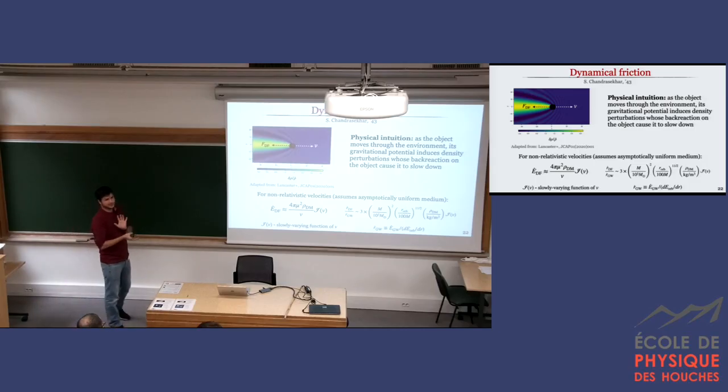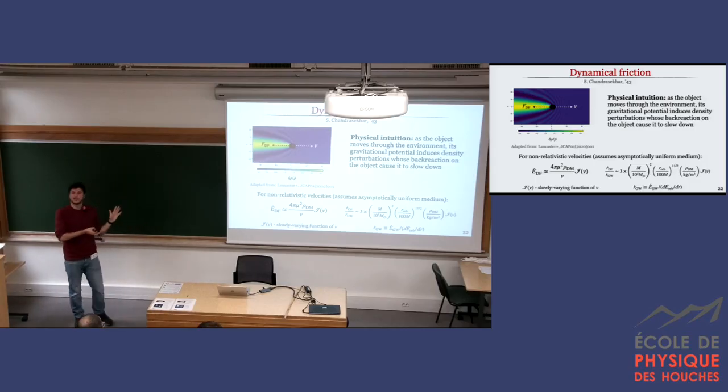The most important one is well known, and quite important in astrophysics as well, which is called dynamical friction. The essential intuition is similar to what I said about planetary migration. Imagine an object moving inside a medium with some velocity v.